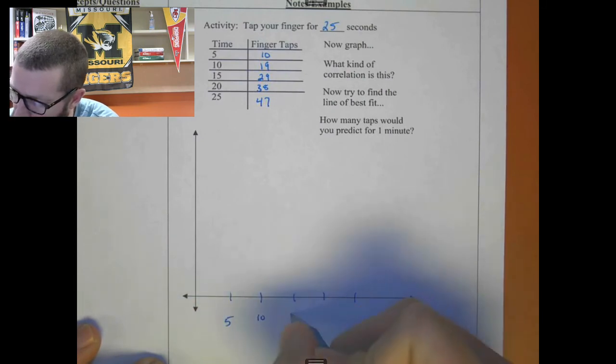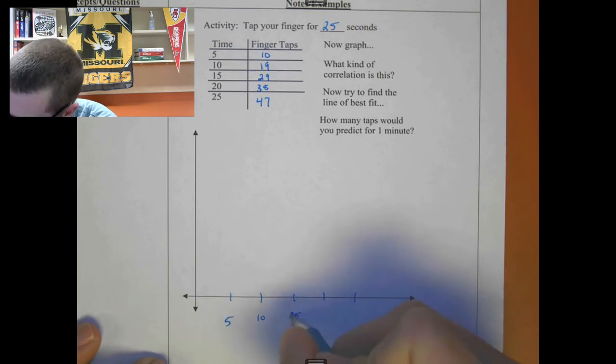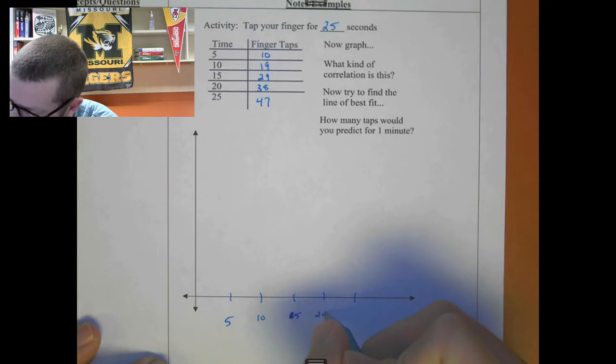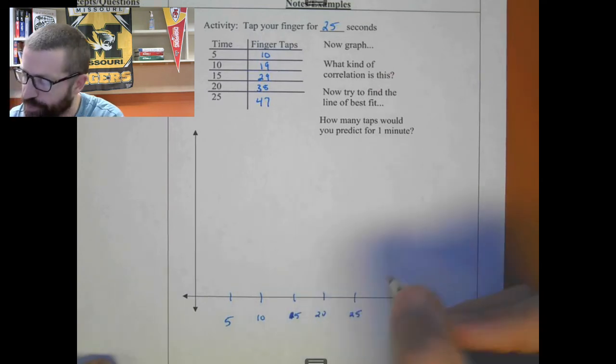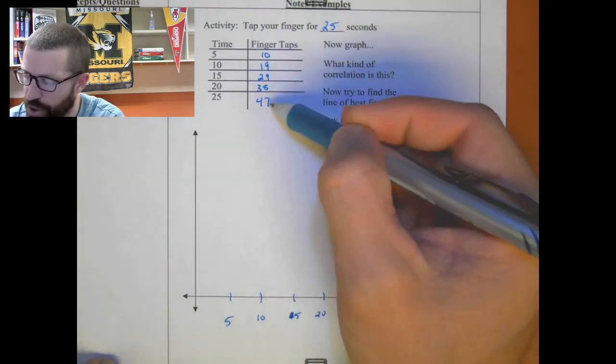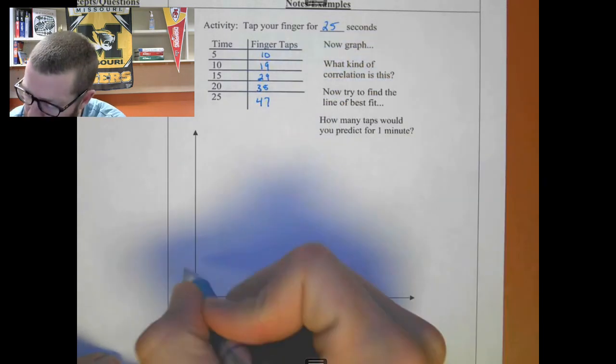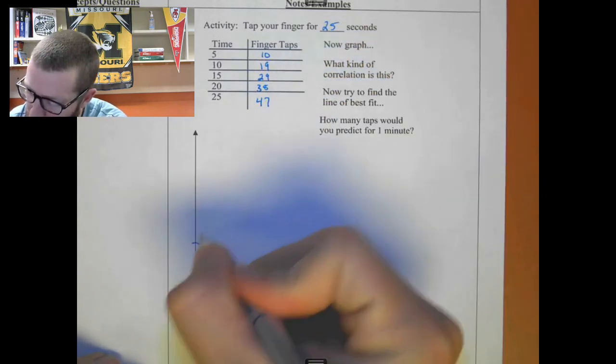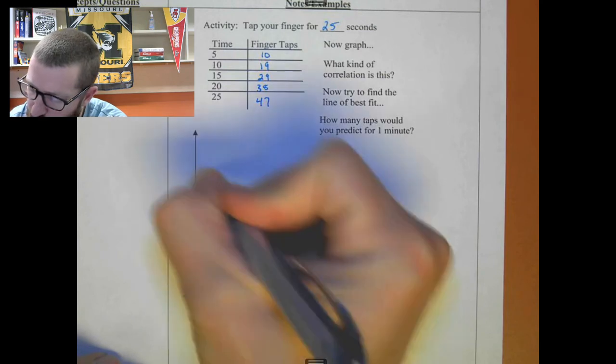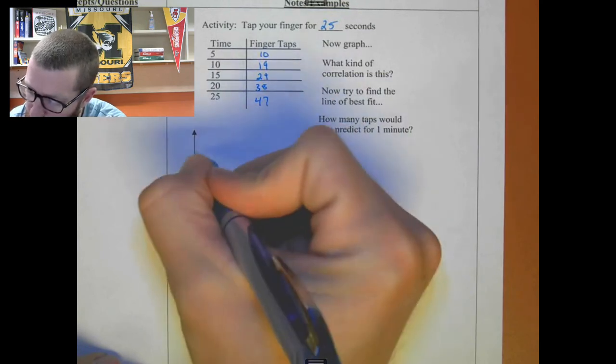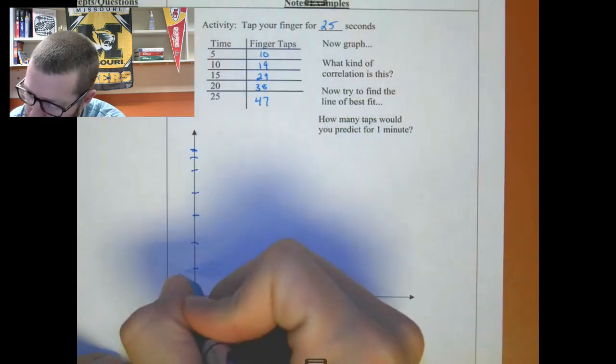When you make a scatter plot, your tick marks need to be evenly spaced. If you have graph paper, that's better. And then I'm going to go by tens: 10, 20, 30, 40, 50, 60. Whoop, that one's a little low. Put 60 up here.